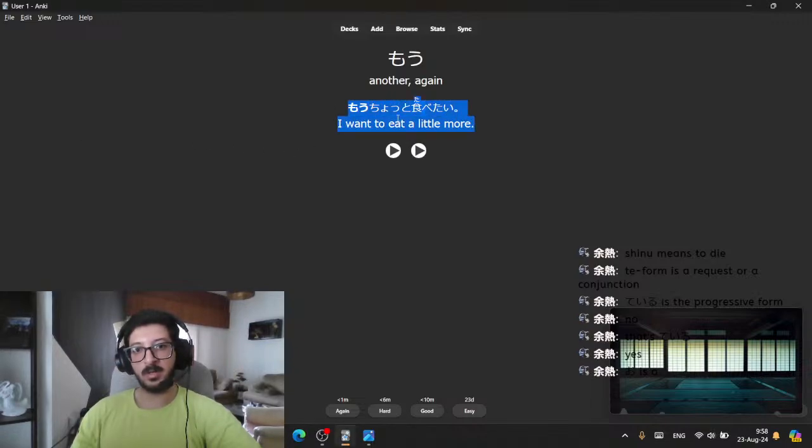How do I redo the deck? Should I remove the data, and how? Another mo, again. I want to eat a little more. Mo.